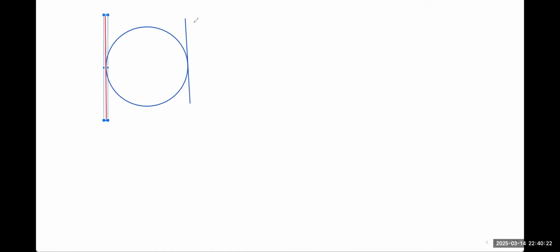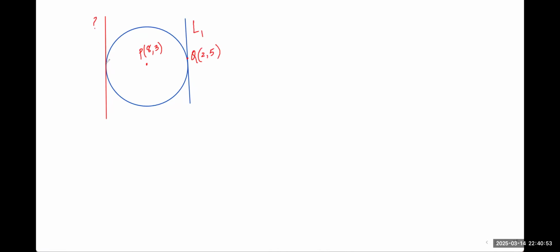This is L1, and I want to find the equation of the line which is parallel to L1, the other line that is tangent to the circle and parallel to L1. So see, already here, suppose the center is 8, 3. Suppose this is the Q value, which is 2, 5.